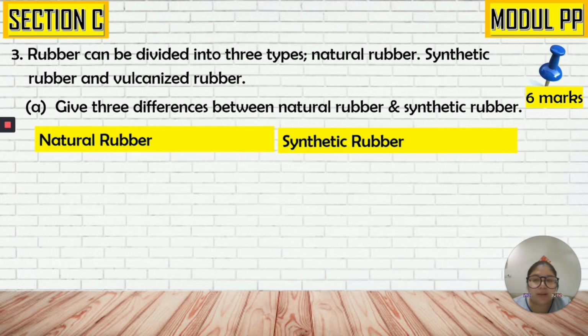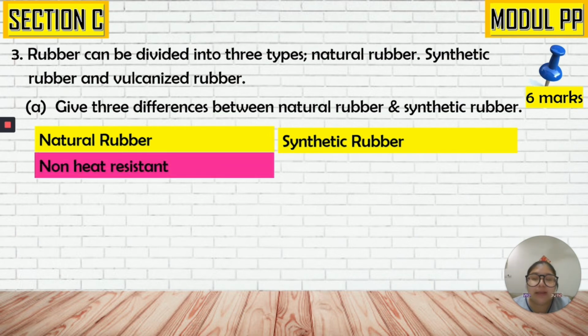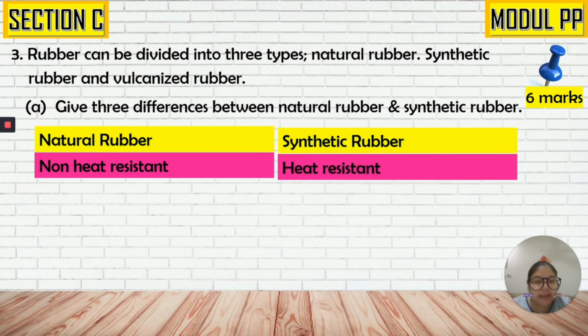First characteristic: natural rubber is non-heat resistant. That means you cannot heat it; it cannot withstand high heat. But synthetic rubber can resist heat. Although you heat it to a high temperature, it's still solid and has not melted.